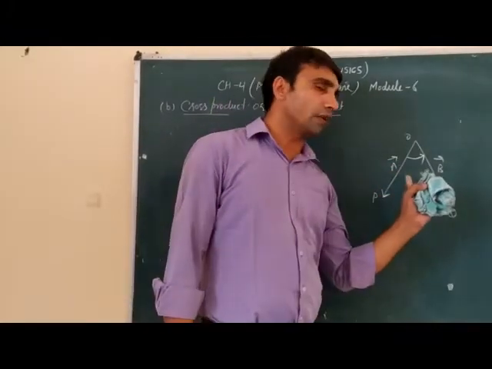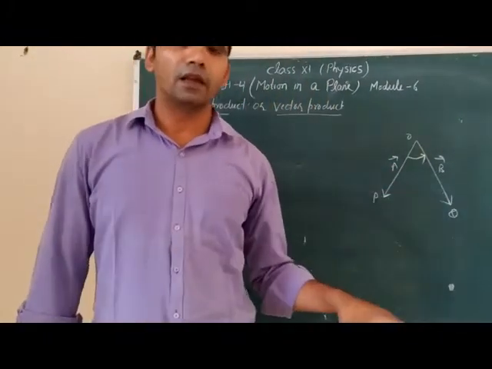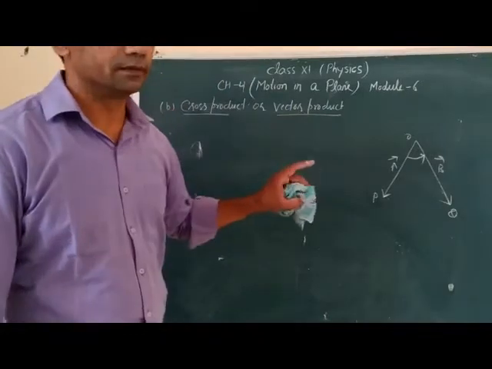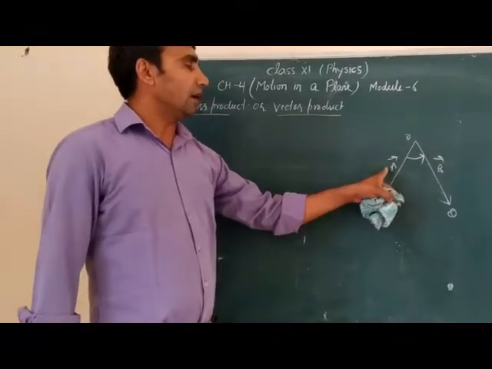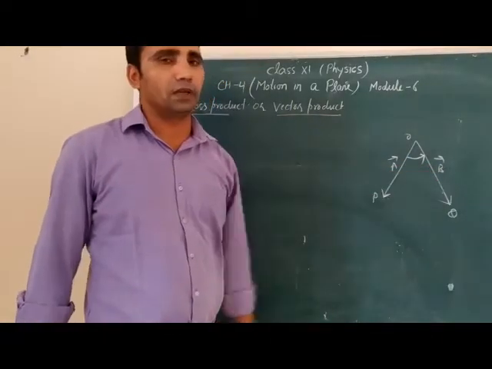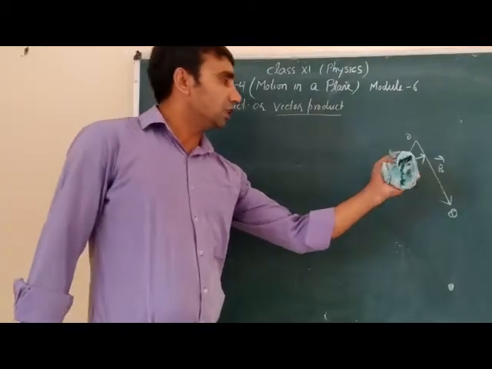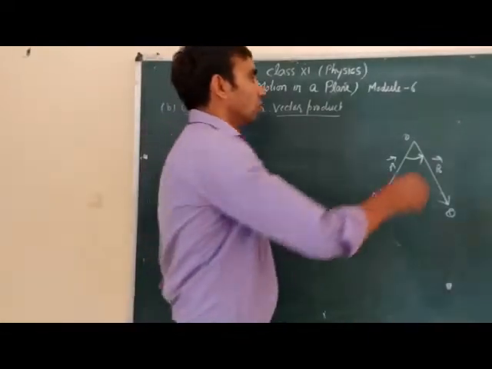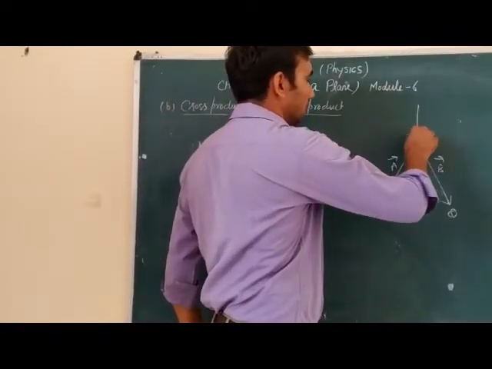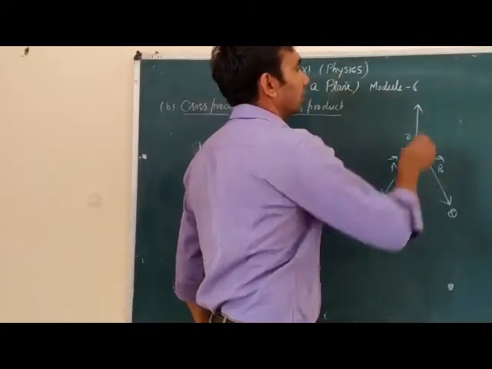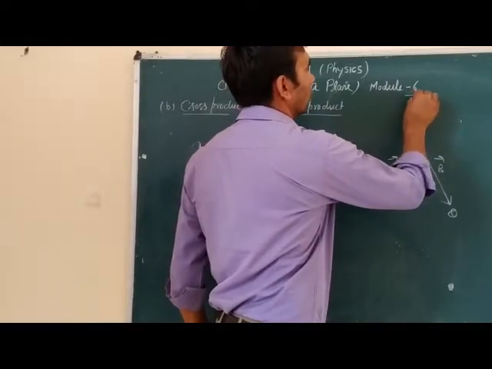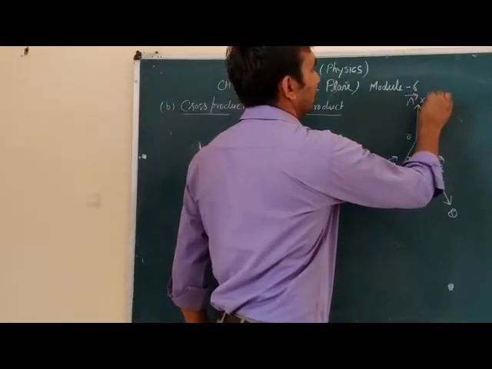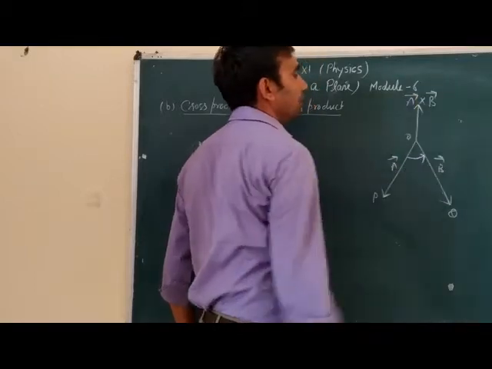The cross product of these two vectors we get in a different plane. Vector A and vector B are in the xy plane. Now the cross product of these two vectors we get in the z direction.